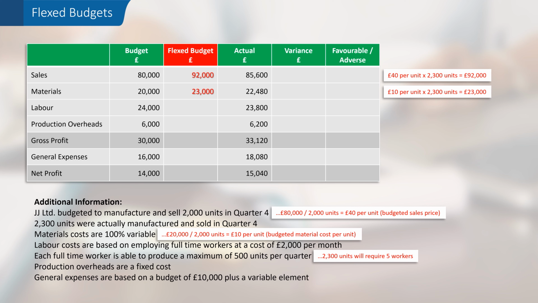And this means that labour here is a stepped cost. But we're also told that each worker is paid £2,000 per month. But remember, the budget is for a quarter, so the flexed budget will be calculated as 5 workers multiplied by £2,000 multiplied by 3 months, which is £30,000.